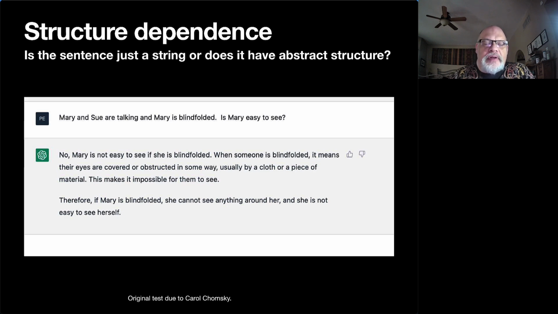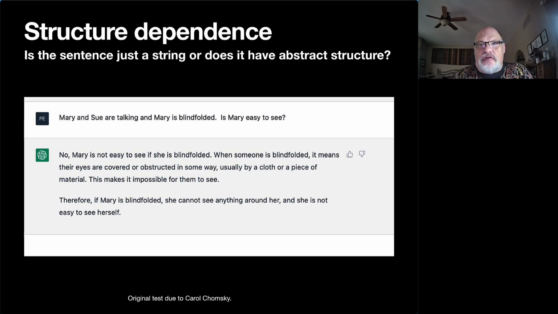They have a particularly strange property where the subject of an is-easy construction is the logical object of the embedded verb. These have often been treated as a kind of object-to-subject raising. So if I said, this bread is easy to cut, I am cutting the bread. The bread is the object of the cutting. But it shows up as the subject of is easy. This bread is easy to cut.